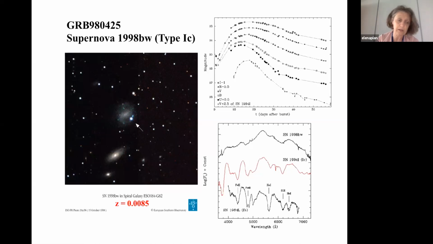And you see the spectra reveal this very peculiar characteristic, this highly energetic character. As you see here in the bottom right, the spectrum of 98bw at maximum light is compared with maximum light spectra of other core collapse supernovae. Basically, the spectra look physically the same, meaning the atomic species in all of these spectra are the same, just the absorption lines in 98bw are so much broader than in other supernovae, and therefore blended, meaning the photospheric velocities are very high.